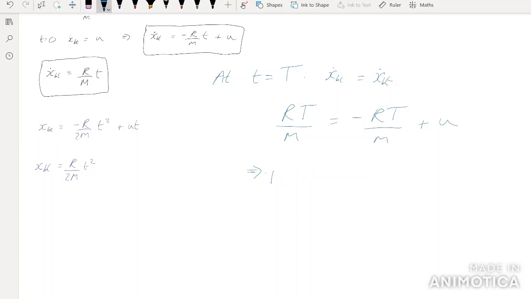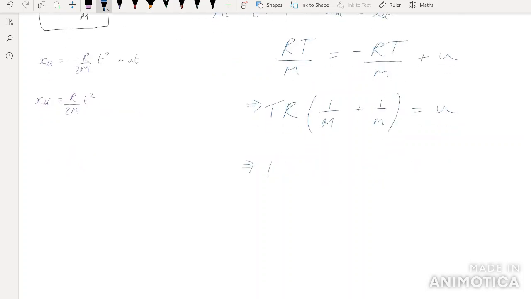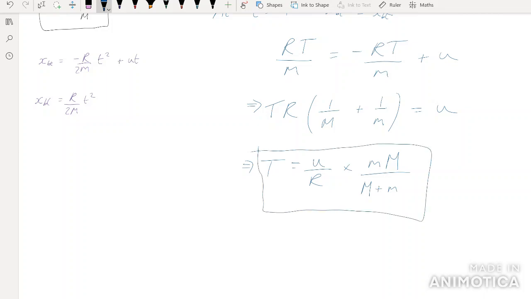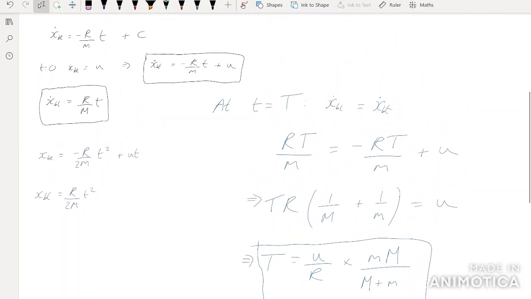We've got T R (1 over M plus 1 over little m) is equal to U. And so that tells us that T is equal to U over R times, this is slightly irritating, but M over M plus M. That's just from rearranging that line above. Okay, so that's given us what the time T is.